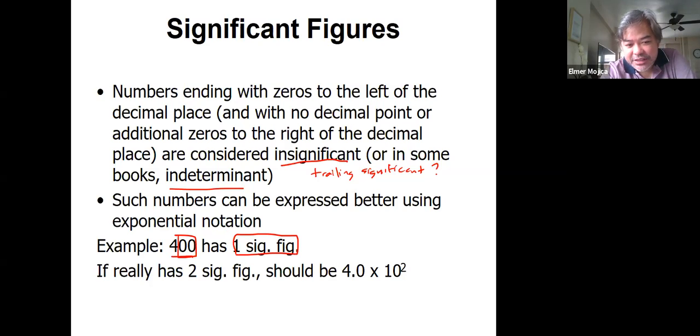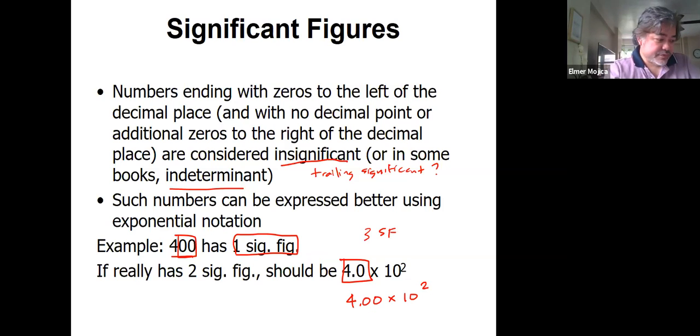So if it really has 2 significant figures, you express 400 as 4.0 times 10 to the 2. If you want 3 significant figures, you express it as this. Okay?